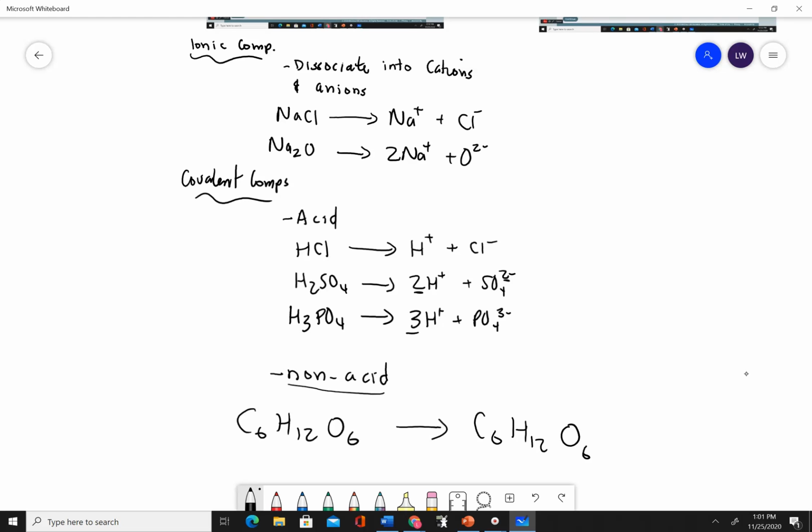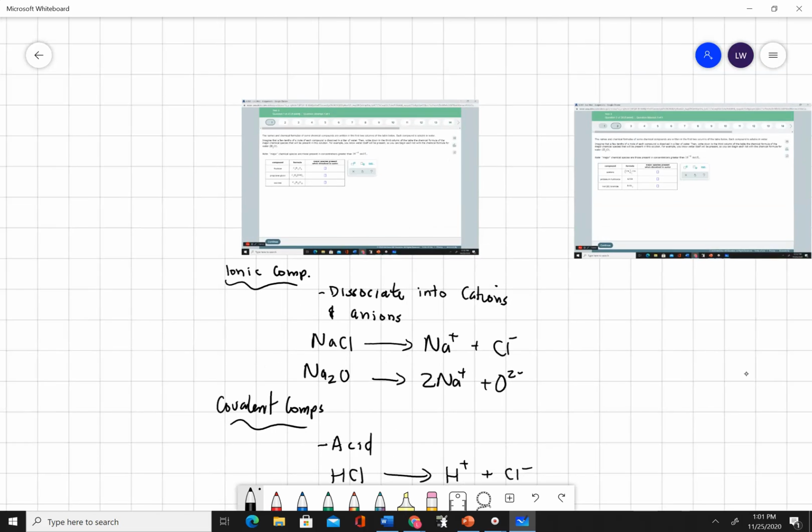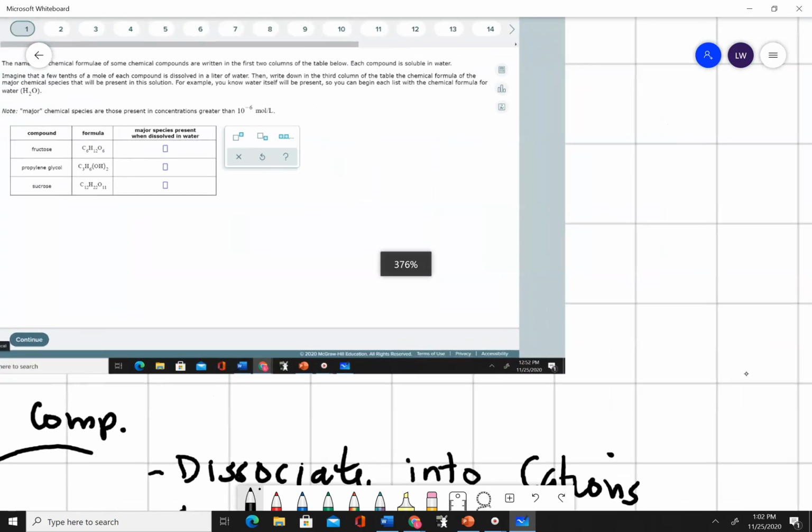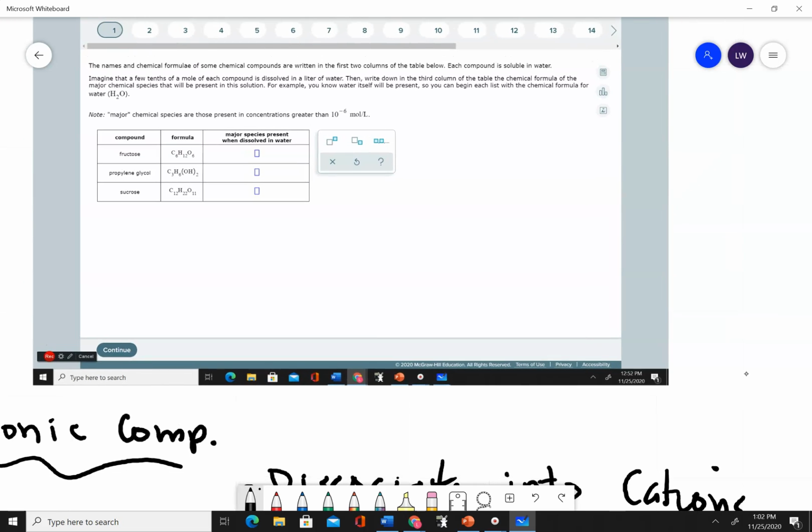And it's going to relate to our first question. In fact, there are several questions like this. It says the names and chemical formulae of some chemical compounds are written in the first 2 columns of the table below. What I can see here is that none of these compounds are acids, because the names don't end in acid.